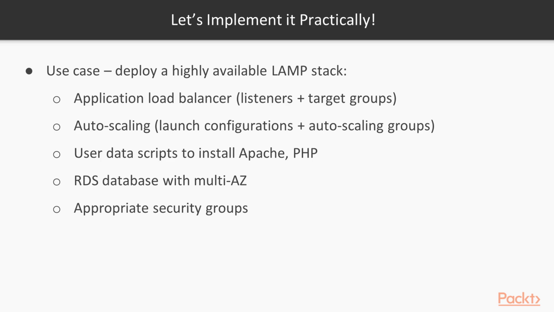Along with that, since this is a highly available infrastructure, you have to work with RDS databases which are multi-AZ, and you also have to work with security groups. If you try to do these things manually, I am sure it will take at least a few hours for you to correctly deploy all of this infrastructure manually.